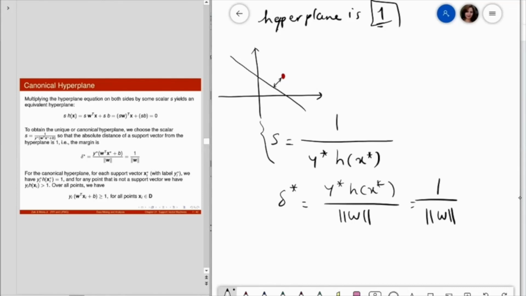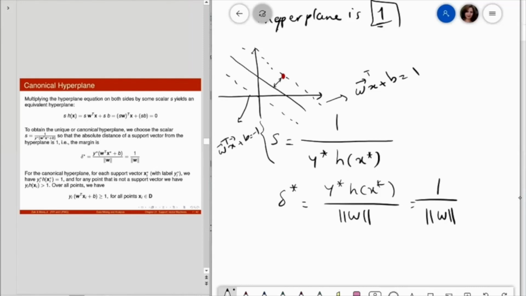Right? So in this way, the two margin lines that I'm going to have are going to have this equation of W transpose X plus B is equal to 1, and this one is going to be W transpose X plus B is equal to minus 1.